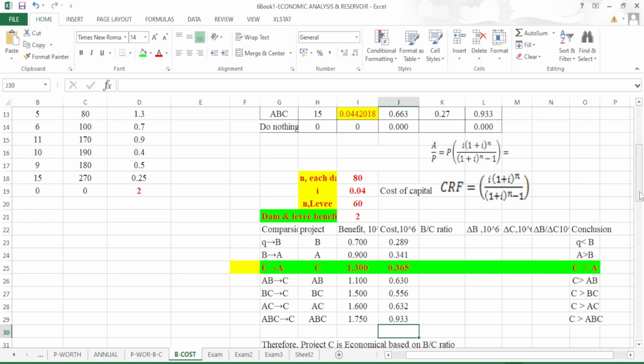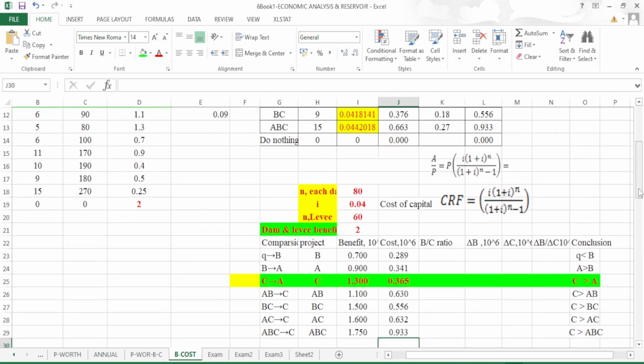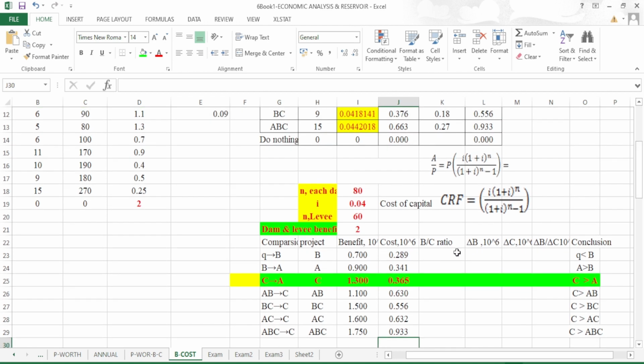Good. Now we can estimate the benefit-cost ratio from the estimated values of benefit and cost. To estimate the benefit-cost ratio, you divide benefit by cost, or 0.7 divided by 0.289. Then for the remaining projects, you drag down this value like this.